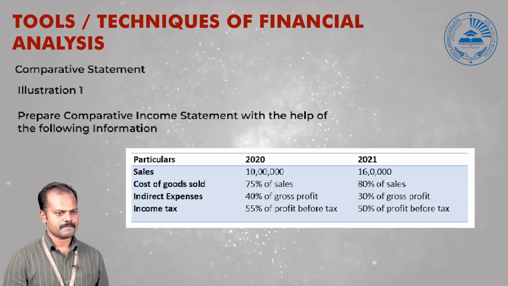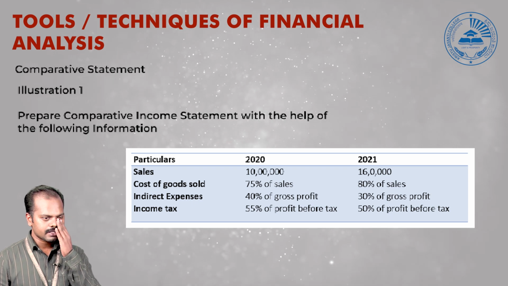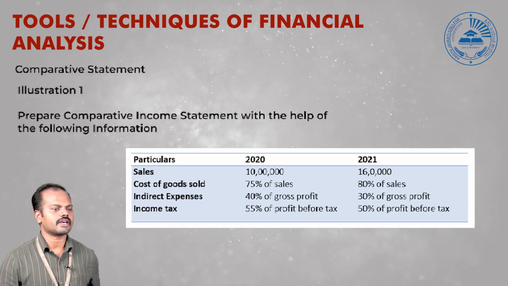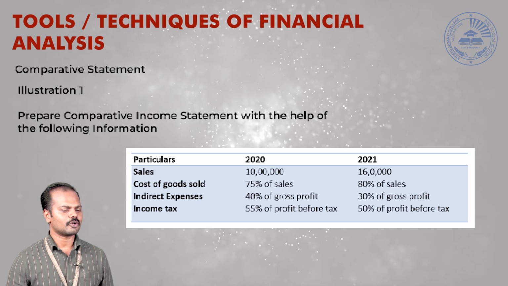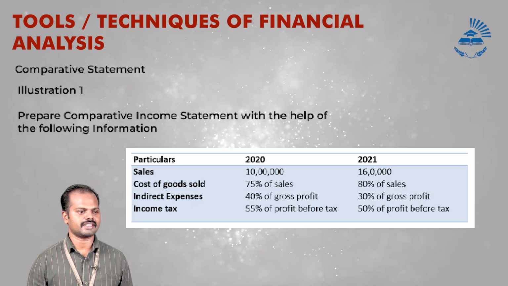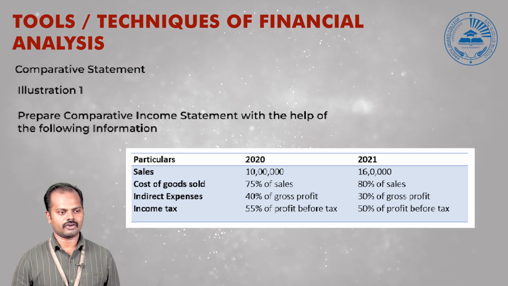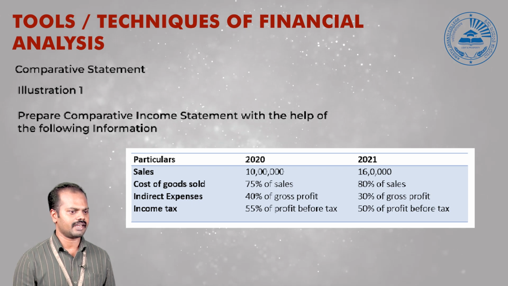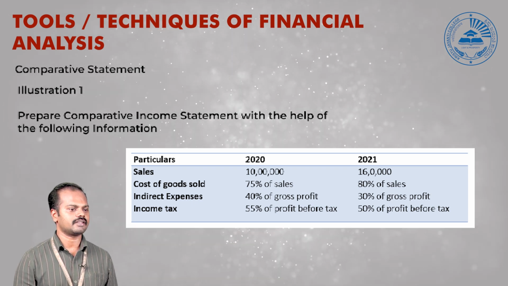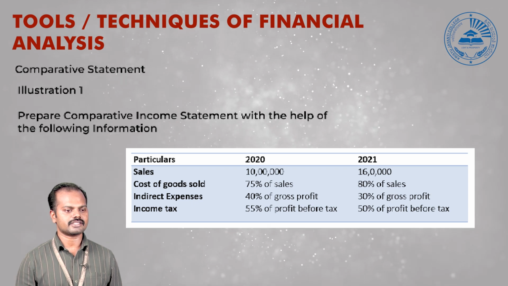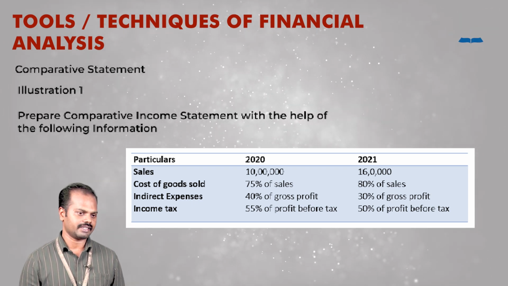Normally, sales minus the cost of goods sold gives the gross profit. If you subtract the indirect expenses, administration, selling and other expenses, you get the profit before tax. After that, if you subtract the income tax, you get the profit after tax.